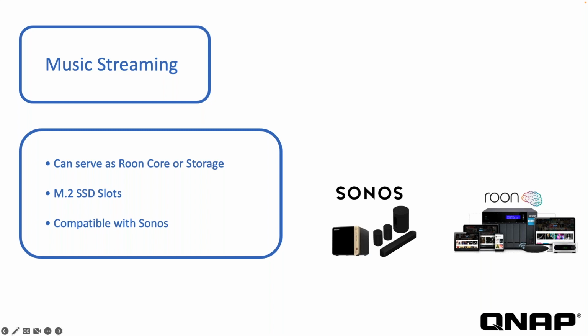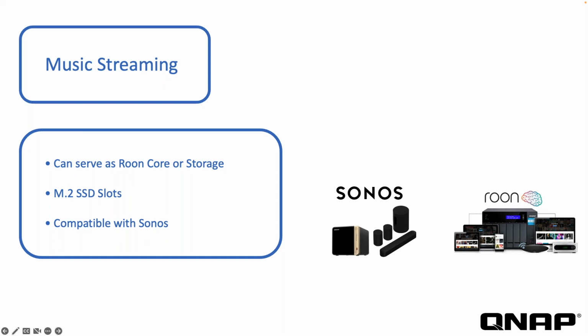QNAP can serve as the storage for Roon music, as well as a Roon core, which is required for Roon to do all the heavy lifting that's required to do all that organization. QNAP is well suited as a Roon core because of our powerful processing and because we have numerous models equipped with M.2 SSD slots, allowing you to have SSD storage for the Roon core without giving up a drive bay.